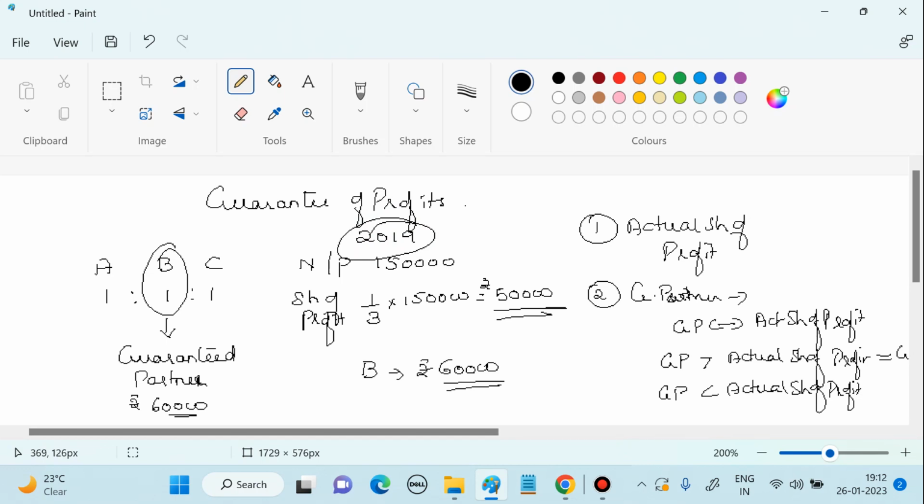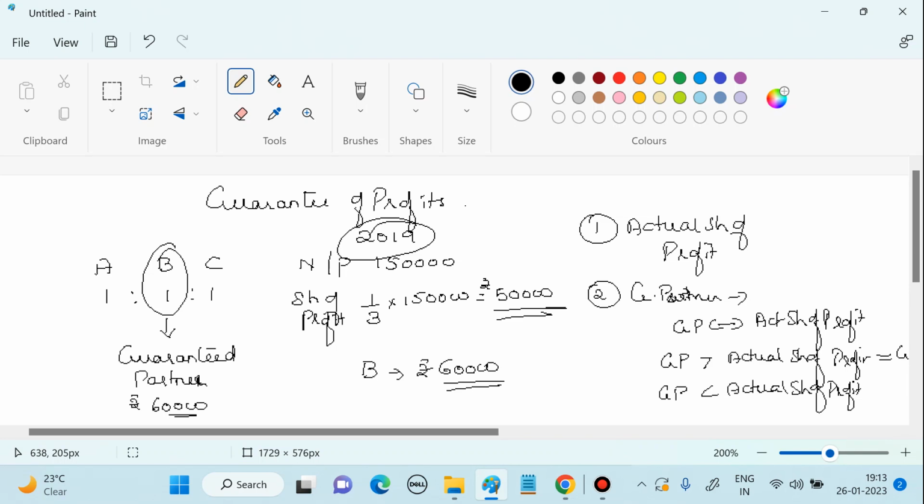Therefore, what is the actual share of profit? 1/3, 1/3, 1/3. So 1/3 of 1,50,000, each partner would get 50,000 as their share of profit. But in the partnership agreement, A, B and C had agreed that B would be a guaranteed partner and he would be given a guaranteed amount of 60,000 as a share of profit.